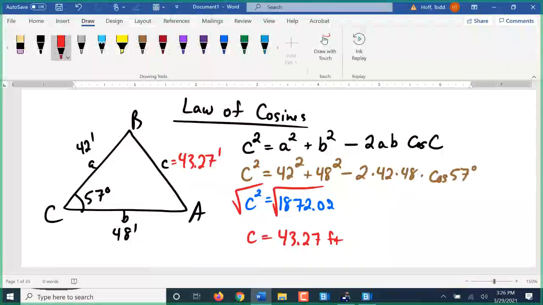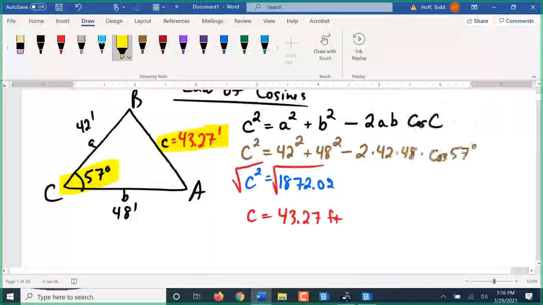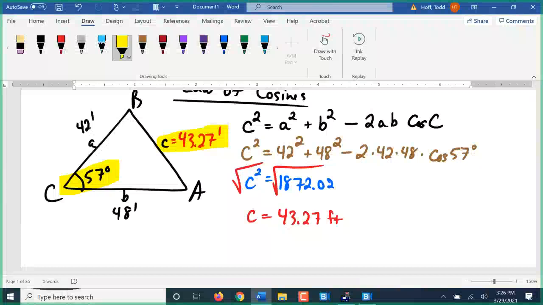Now, I can find my other angles, because now I have a side and its opposite angle. So now we can go back to using just the law of sines. The question is, which angle do we want to find first, A or B? Now you ask the question, does it really matter? And the answer is, it really kind of does.